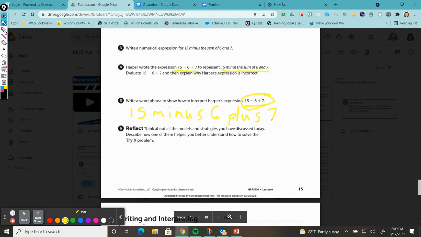And if you found that one of them helped you better understand how to solve the try-it problem of 15 minus the sum of 6 and 7, if at any point while we were talking about these connected questions, a light bulb went off and you went, oh yes, I see it, you have to group them first, if any of this conversation clicked with you and you're thinking, yes, that makes sense now, then you describe it in number 6.